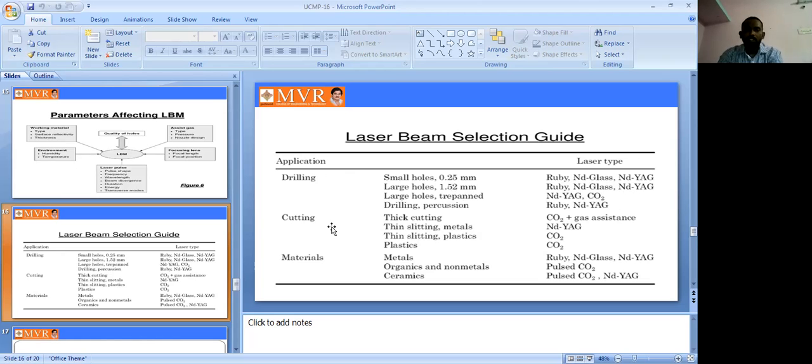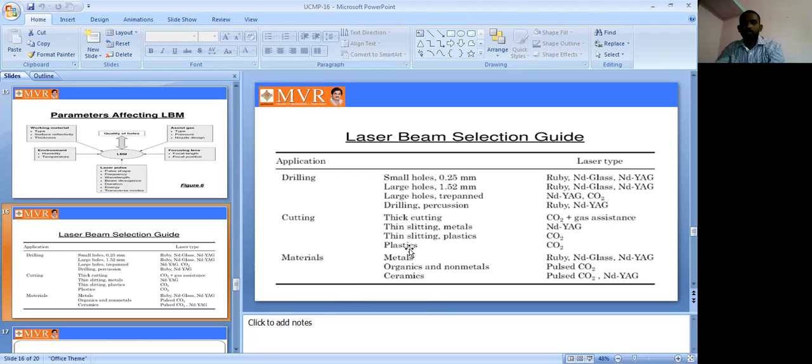Next one is the cutting operation. For cutting, you can use laser type CO2 plus gas assist. Next one, thin slitting metals: you can choose Nd:YAG. Next one is thin slitting plastics: you can choose CO2.